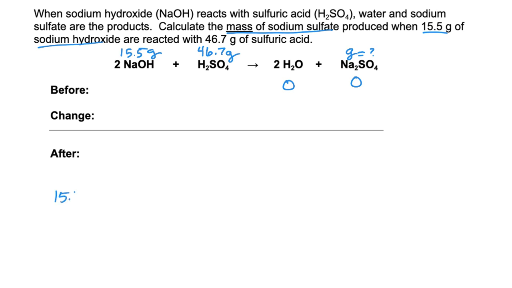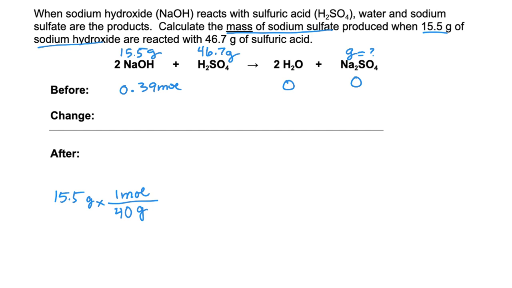So I take the number of grams I have of the sodium hydroxide, convert that to moles. 1 mole of sodium hydroxide has a molar mass of 40 grams. So 15.5 divided by 40 gives me 0.39 moles of that.